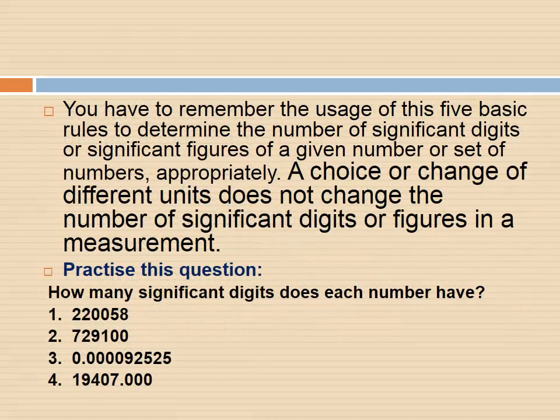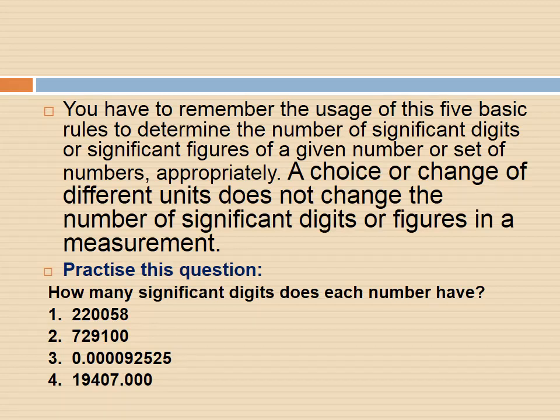You have to remember the usage of these 5 basic rules to determine the number of significant digits or significant figures of a given number or set of numbers appropriately. And also, you have to recollect that a choice or change of a different unit system does not change the number of significant digits or significant figures in a measurement.